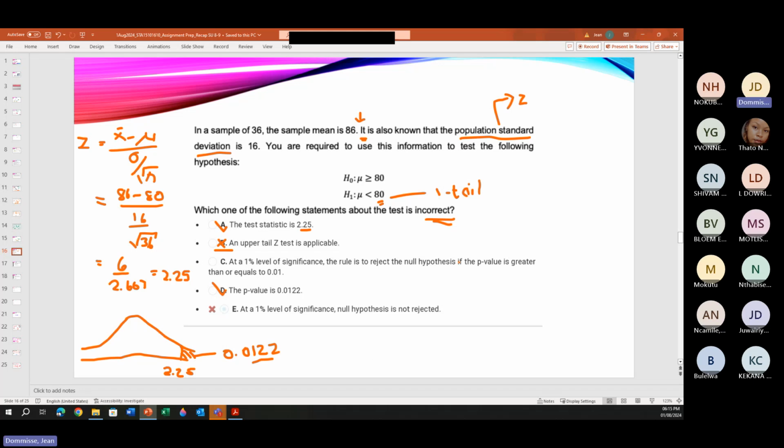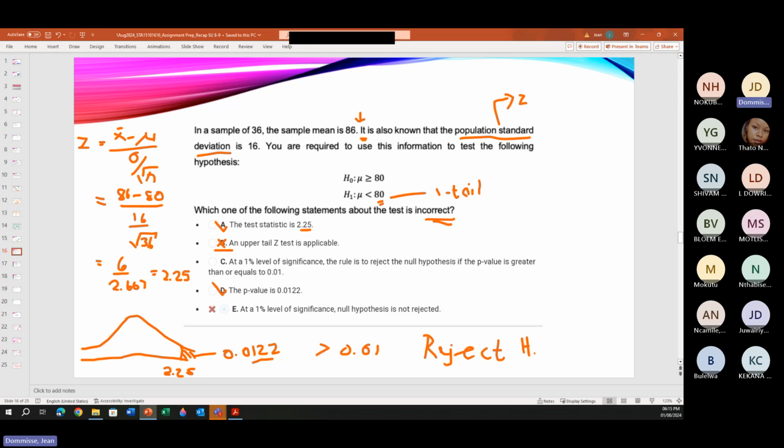Okay, so p-value 0,0122 is greater than 0,01. So because of that, we'll reject the null hypothesis, which is correct.